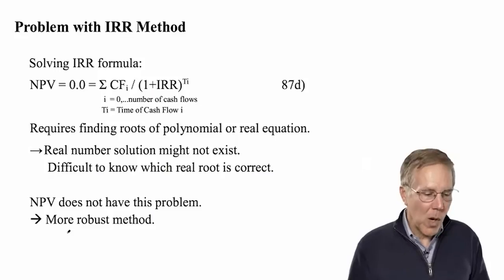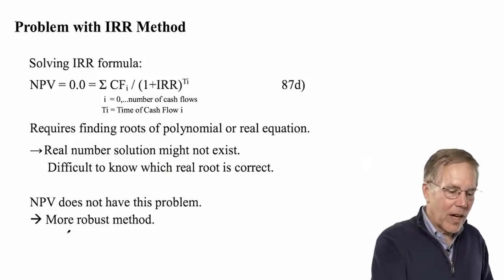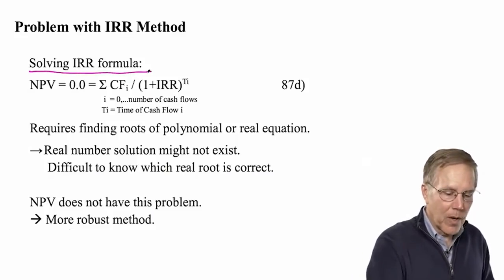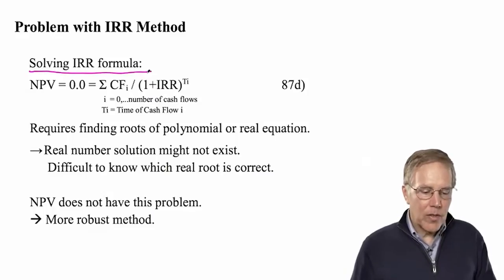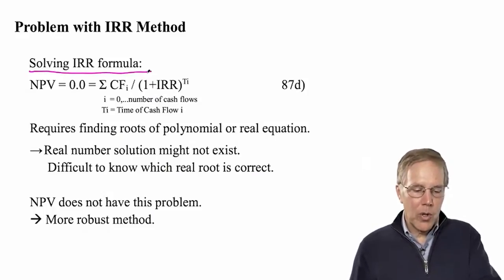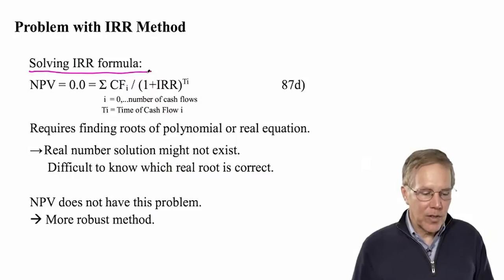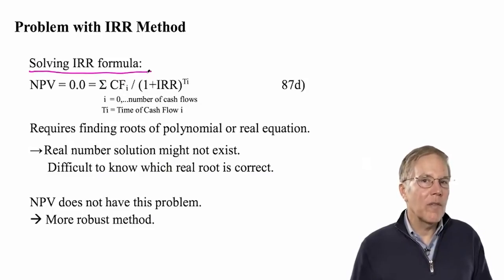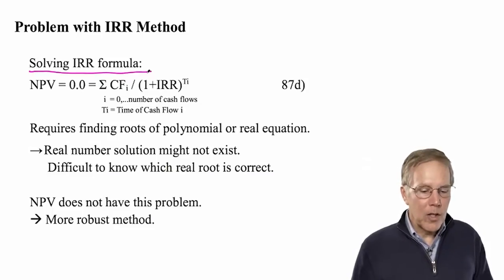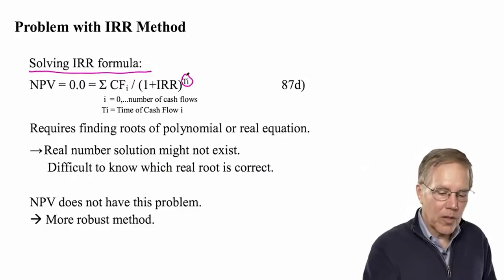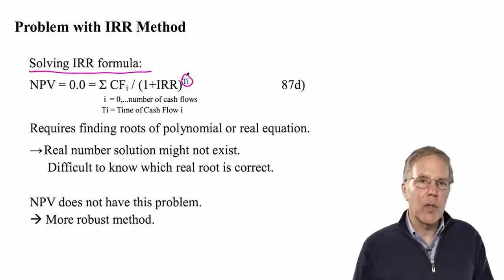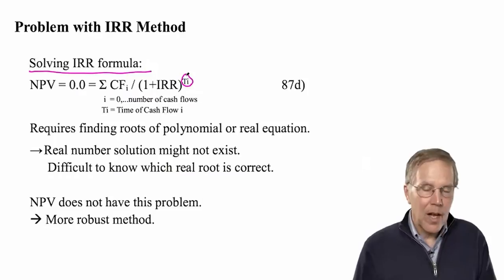And let's see why. Okay, so when we solve this formula, for those of you who remember your pre-calculus algebra, once we do a little algebraic simplification on this, solving this is always going to require finding the roots of a polynomial or a real equation. If the exponents here are integers, we'll have to find the roots of what's called a real equation, okay?